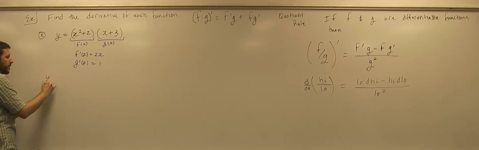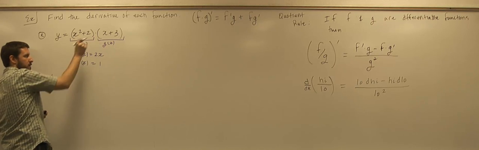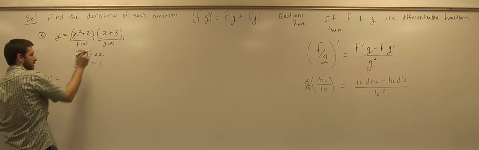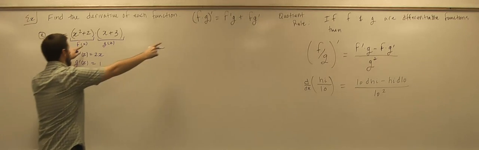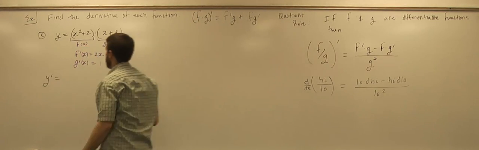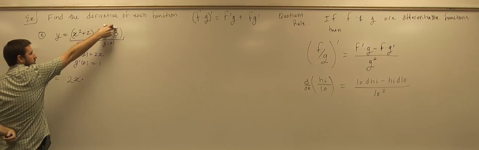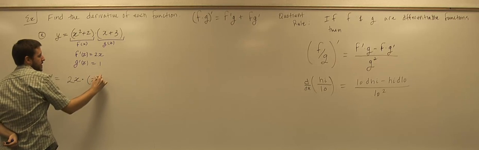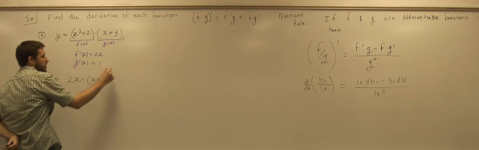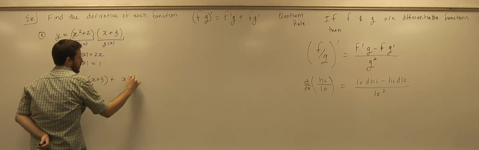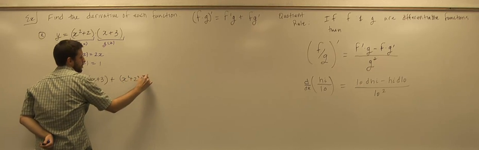The derivative of the function y is equal to the derivative of this product, because y is f times g. And so to do the derivative of a product, first you write f prime, which is 2x. Then you write the original g function, which is x plus 3, plus the original f function times g prime.